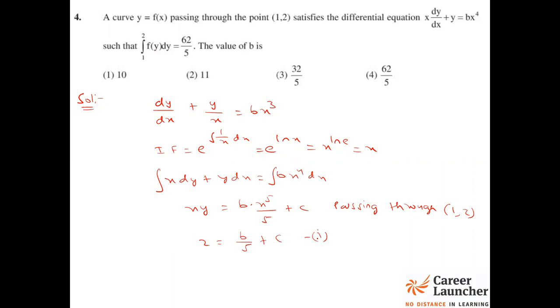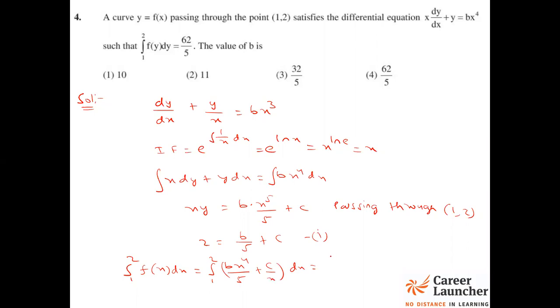Now it's also given that integration of 1 to 2 f of y dy will be the same as integration of 1 to 2 f of x dx, just by changing the variable. The value is not going to change. What is f of x? Nothing but y. How much is y from here? b x power 4 upon 5 plus c upon x dx.